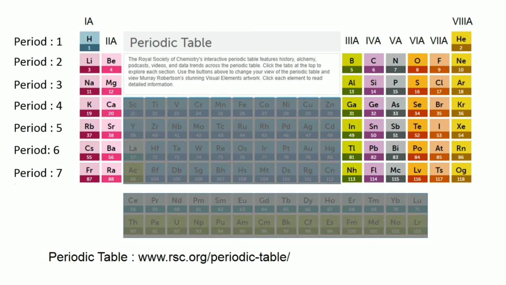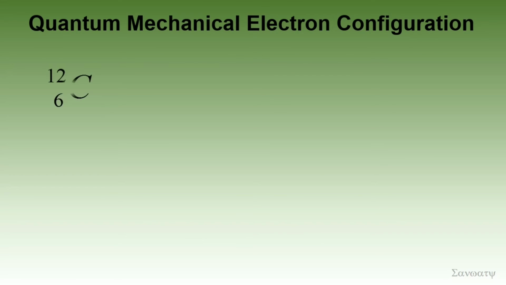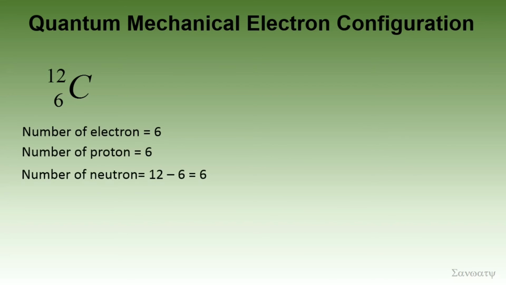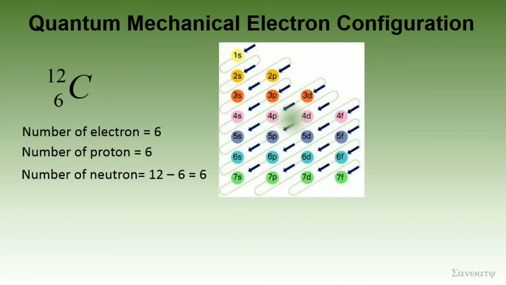To get the quantum mechanical electron configuration, take carbon, for example, which has 6 electrons and 6 protons, and the number of neutrons is 12 minus 6, equal to 6. To get the electron configuration, we just use its electron number. Starting from orbital 1s, it can have 2 electrons, so 2 electrons fill orbital 1s.